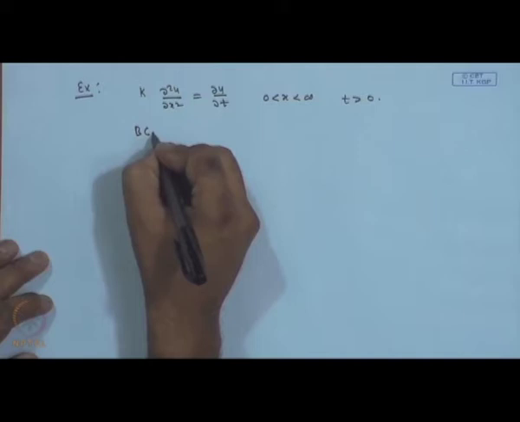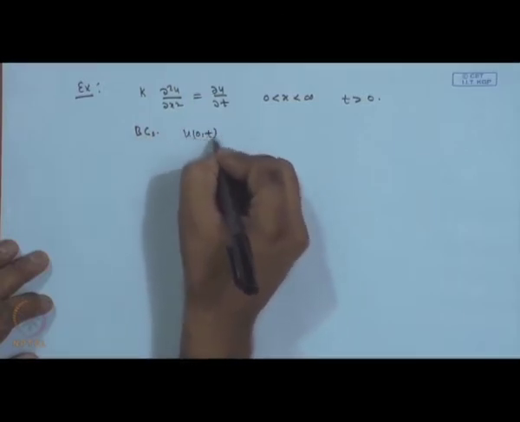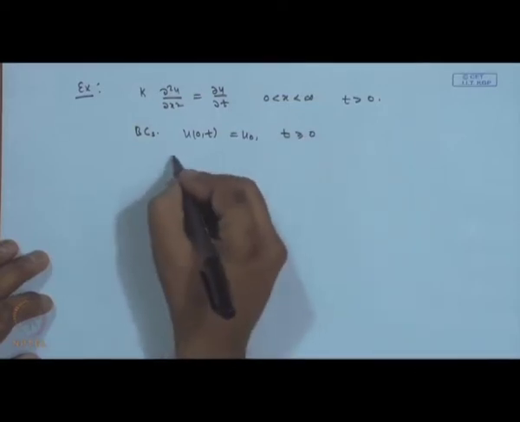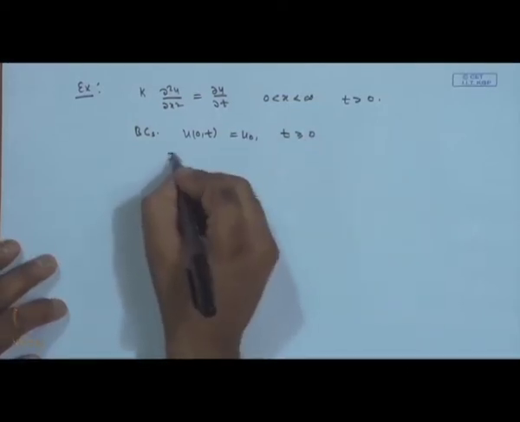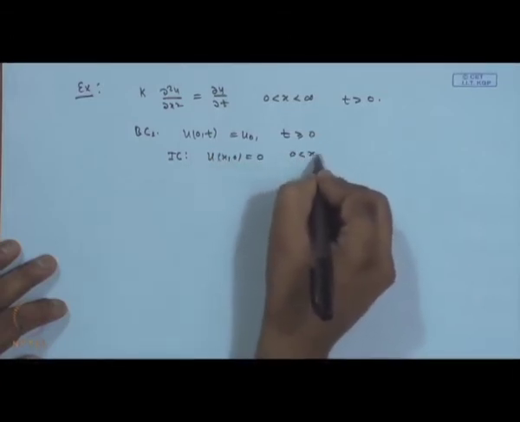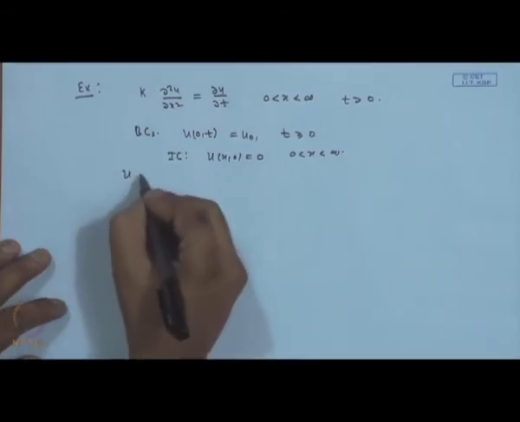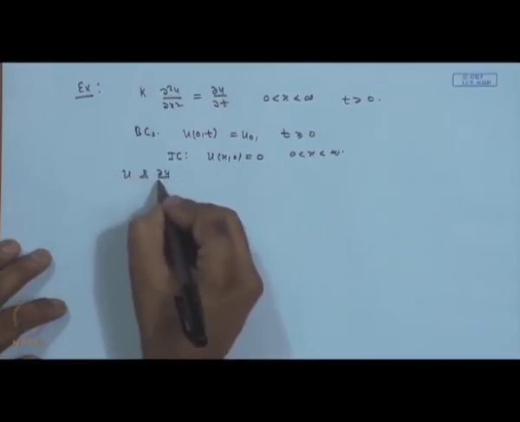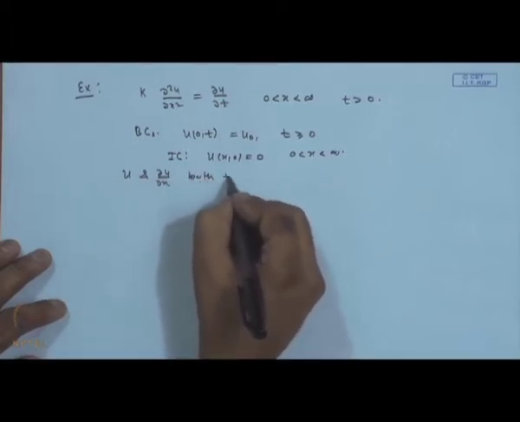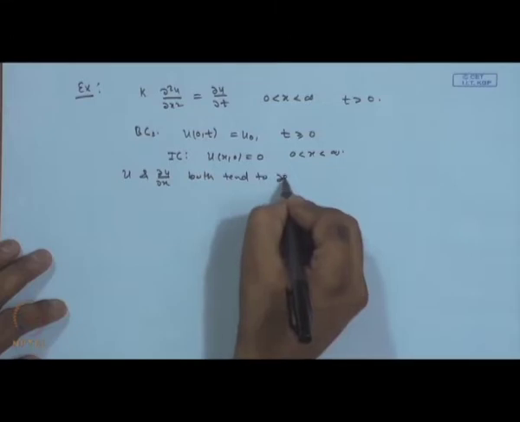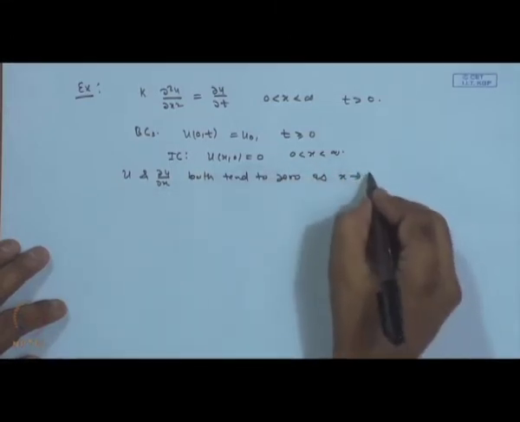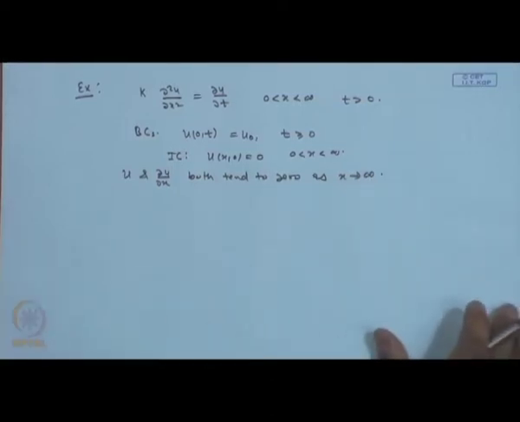The boundary conditions are given, u(0, t) is u0 for t greater than or equal to 0, and the initial condition is given, u(x, 0) is 0, and also the information that del u over del x and u both tend to 0 as x approaches infinity.